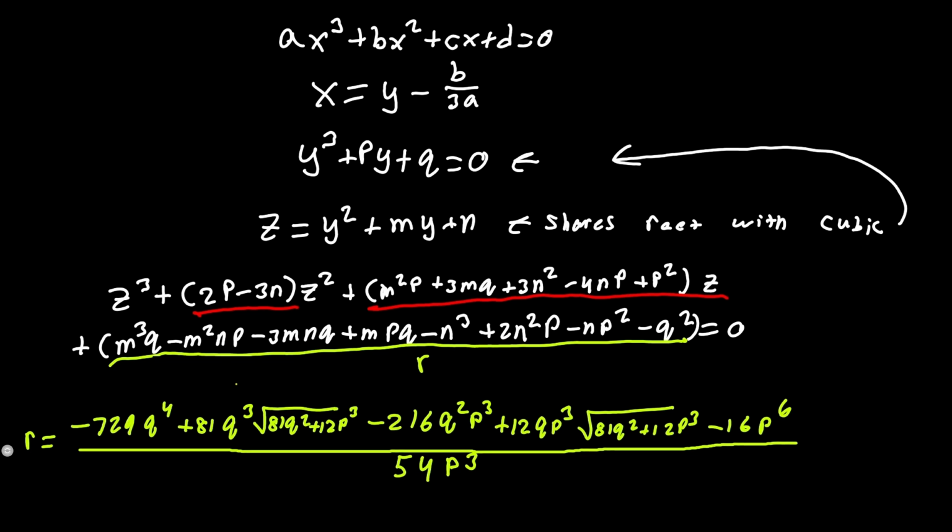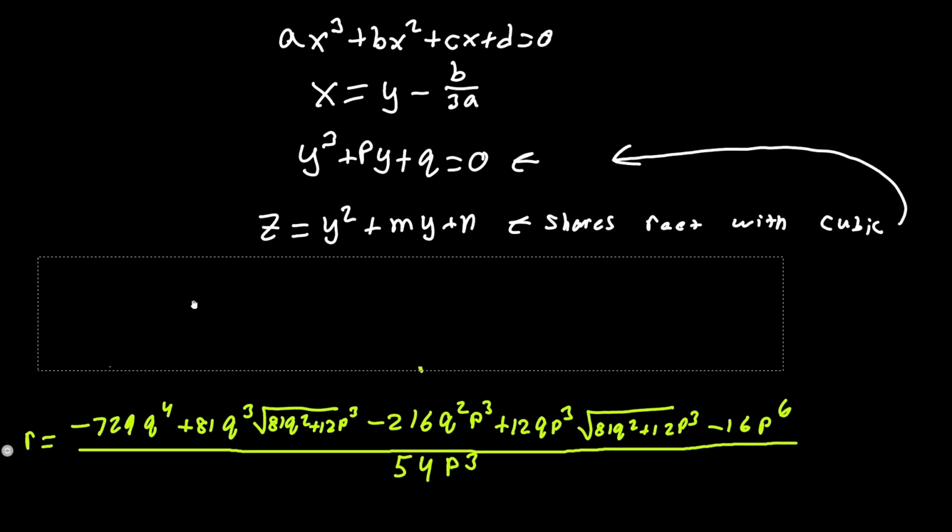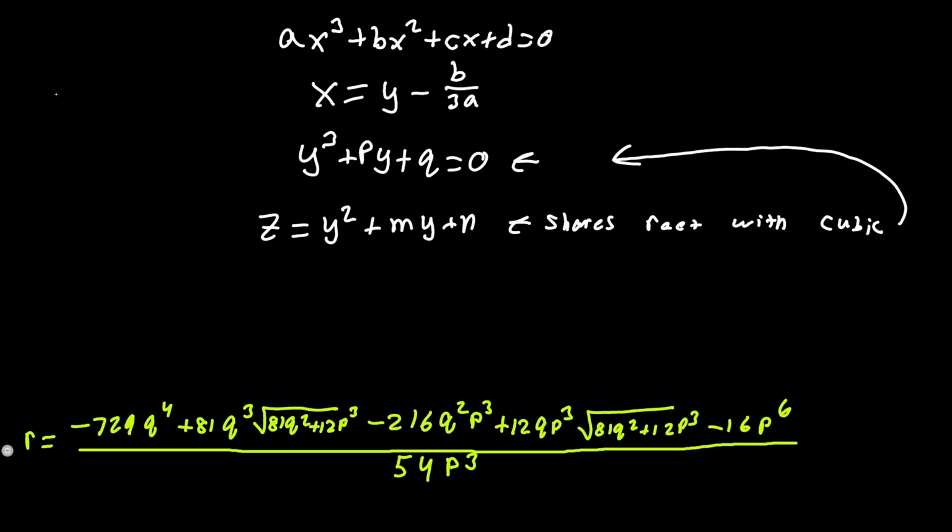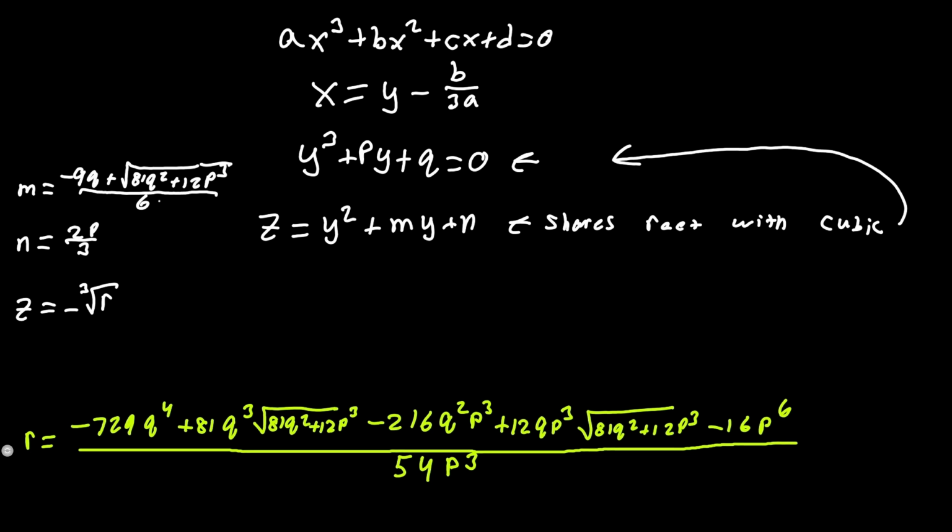So now that we have r, we can simply take the cube root of r and solve for z, and after doing that we see that z is equal to the negative cube root of r, and n was equal to 2p over 3, and m was equal to negative 9q plus the square root of 81q squared plus 12p cubed, divided by 6p.